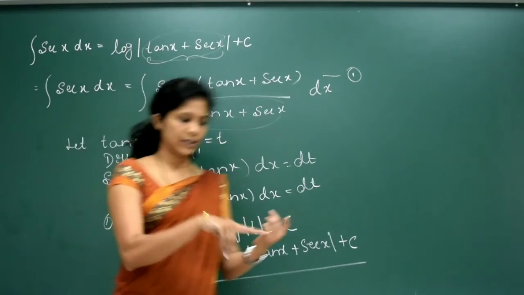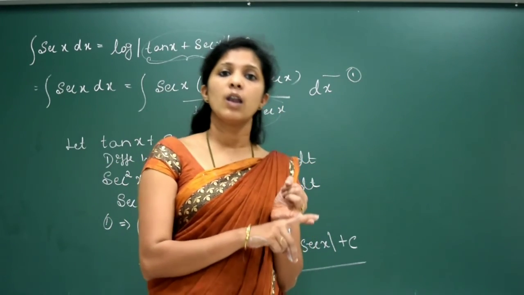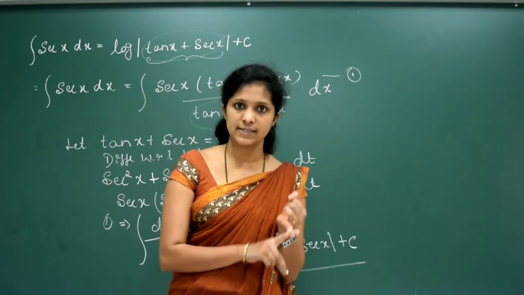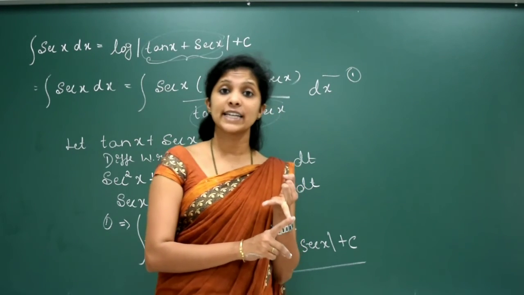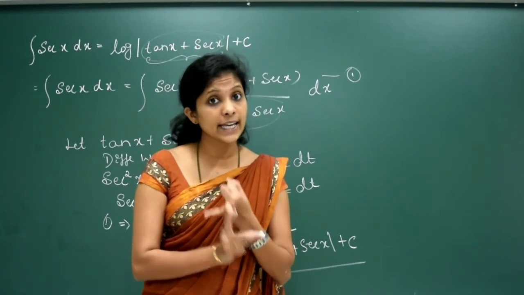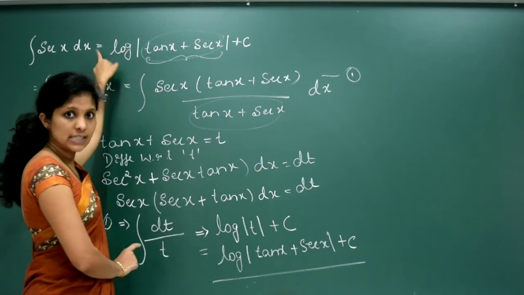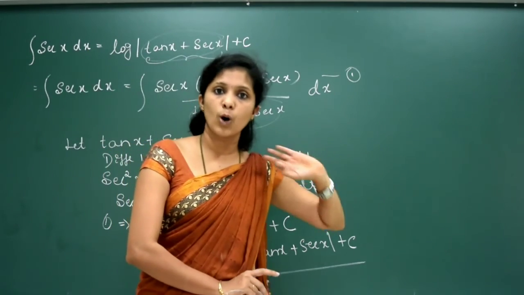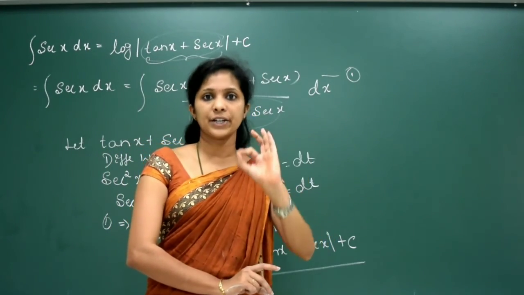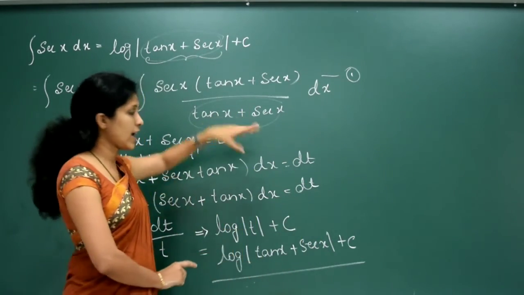Okay. So we'll recall once: integration of tan x will be equal to log mod of secant x plus c, integration of cot x dx will be equal to log mod of sin x plus c, and integration of secant x dx will be equal to log mod of tan x plus secant x plus c. Okay, remember these three. Now one more is remaining.